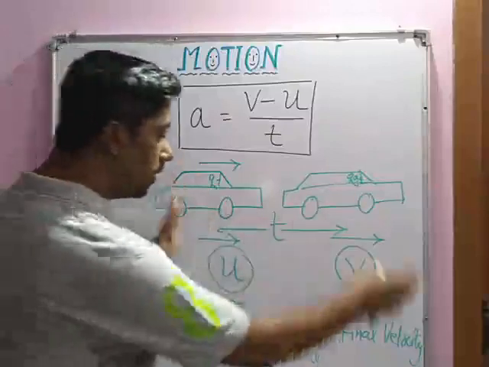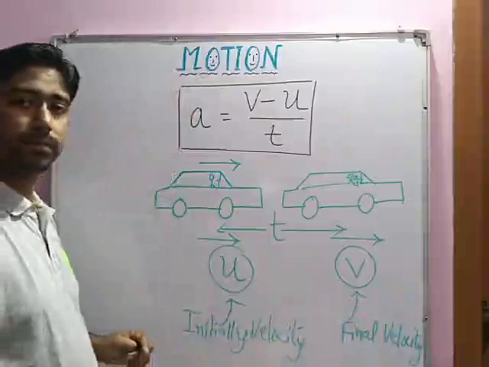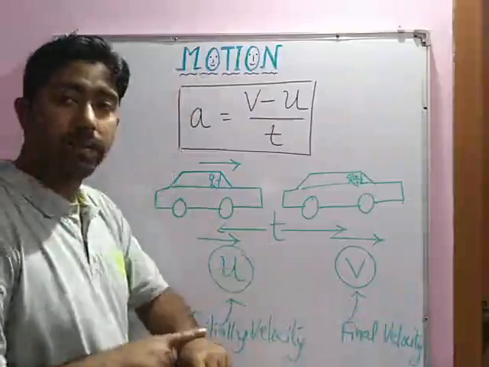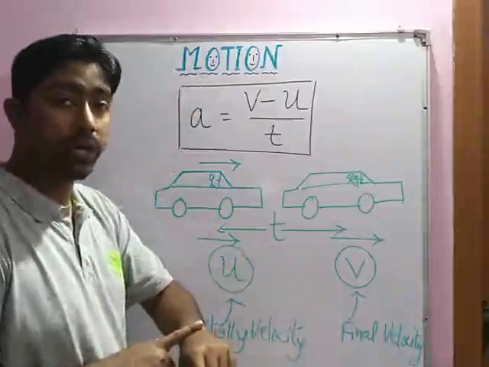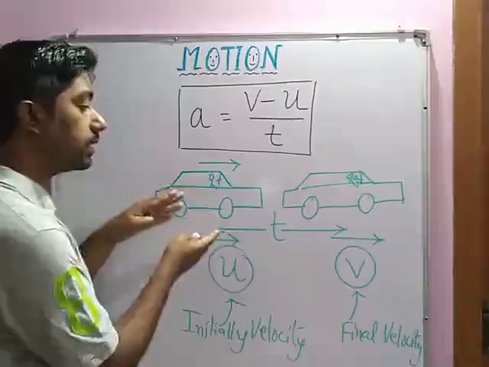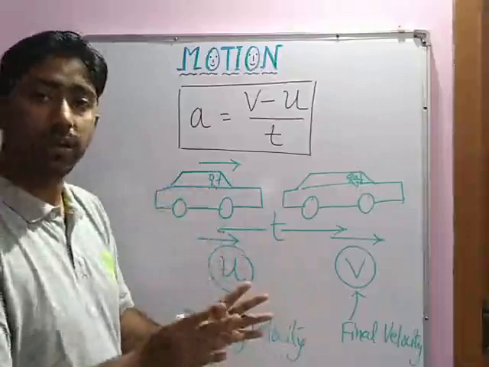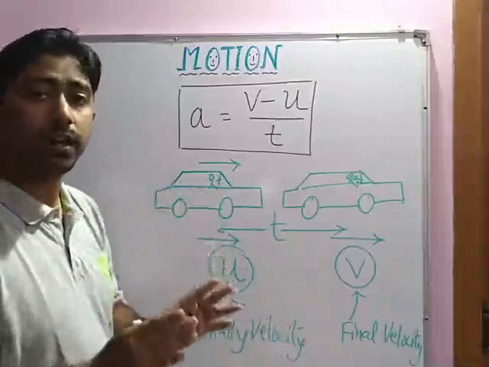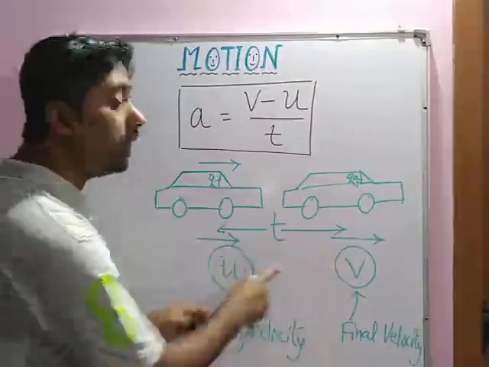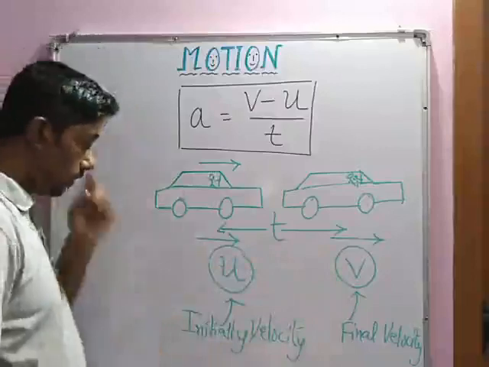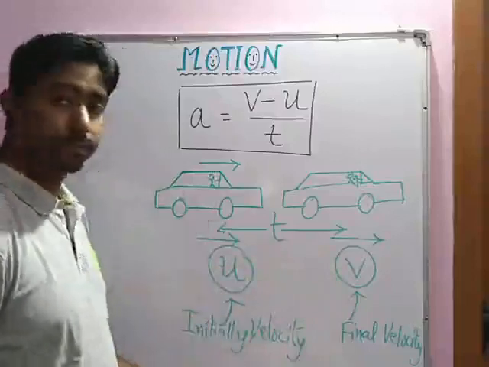So t is the time in which the velocity of the car is changing from u to v. So these are the prerequisites.